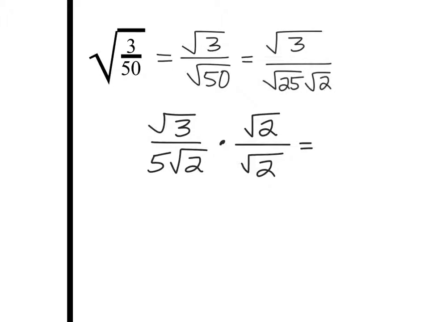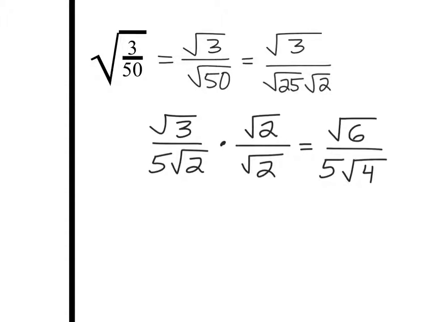So on the top, you are going to multiply those together. Square root of 3 times square root of 2 is square root of 6. And on the bottom, you have 5 just stays out front. The normal numbers are multiplied together, the constants on the outside. And square root of 4, because it was 2 times 2.